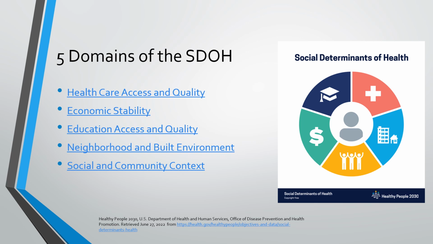People who live in food deserts don't necessarily have access to grocery stores, so they may not have access to healthy foods and they're less likely to have good nutrition. So they can be at higher risk for conditions such as heart disease, diabetes, obesity, because again, they may not have access to healthy foods.